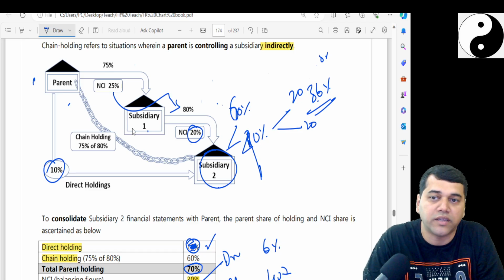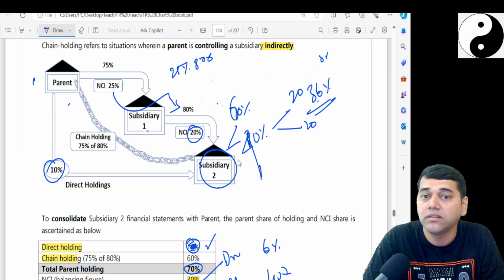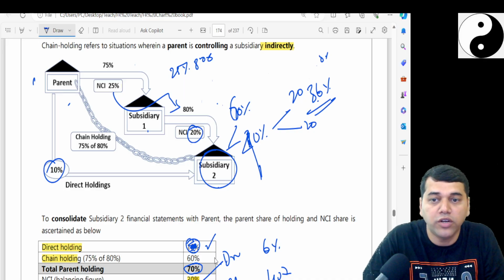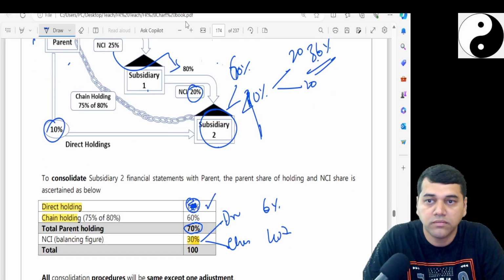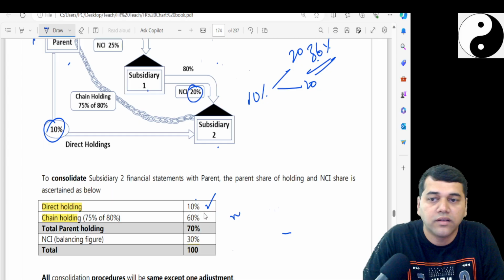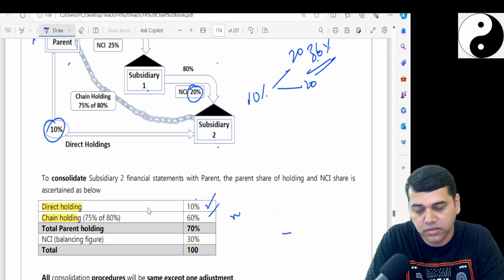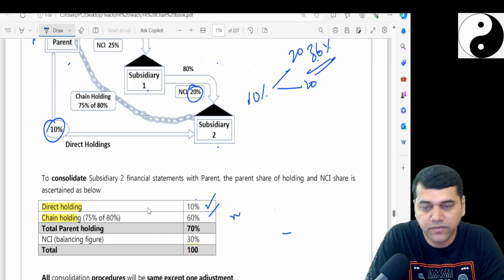Okay, let's do one thing. What is 25% of 80? It is 20. See, if you are holding directly 10%, chain holding 60%, 75% of it is correct, no? 75 into 0.8, 60%.